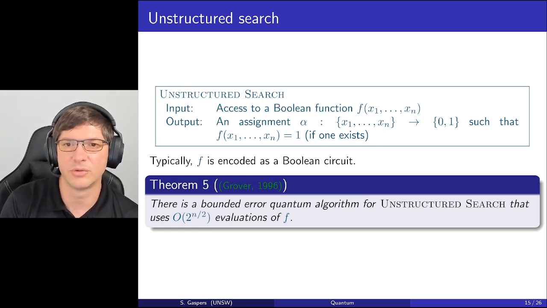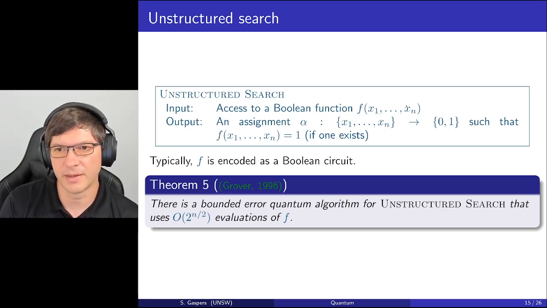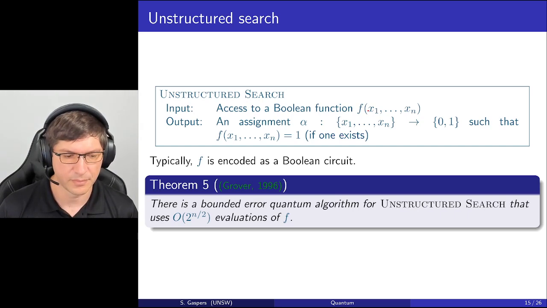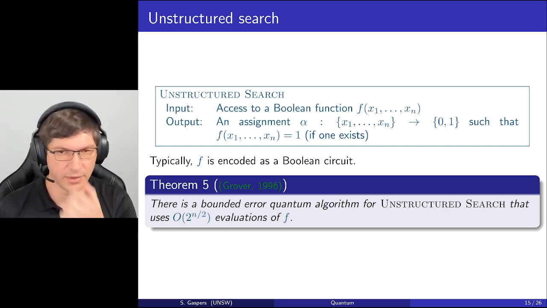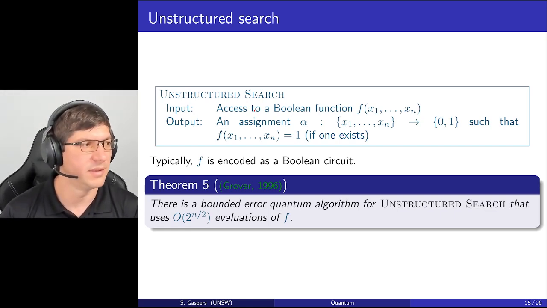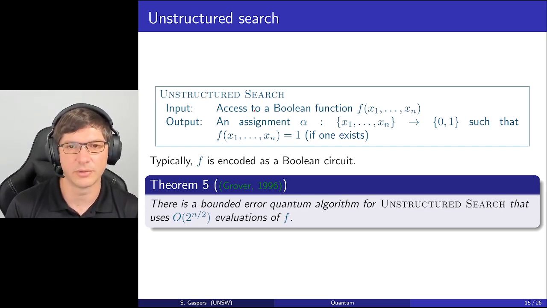We have access to a Boolean function f of x1 to xn, which are Boolean values, and this returns either 0 or 1. The fact that we have access only to this Boolean function, and are not given a description of it, means that we have to treat this function as a black box. We are not allowed to look at how it works.